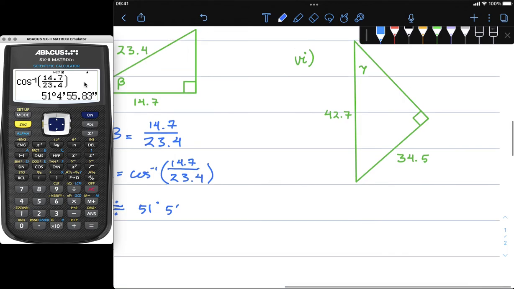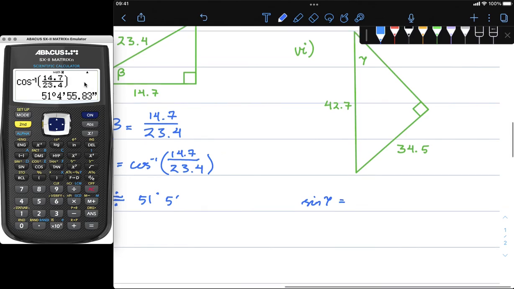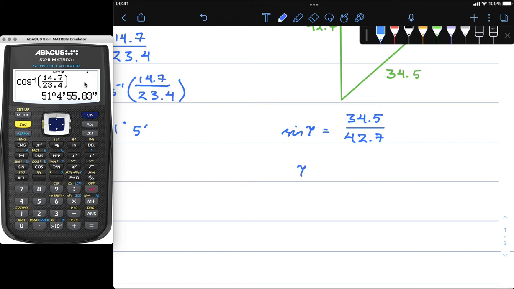And lastly here, from our angle, this is y or gamma. We have opposite and the hypotenuse. So that is sine of gamma is equal to opposite, 34.5 divided by 42.7. Taking the inverse of both sides, sine inverse of 34.5 divided by 42.7.